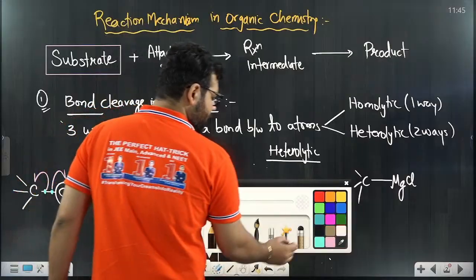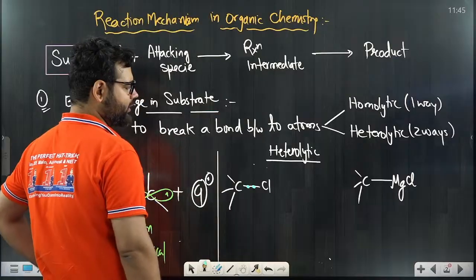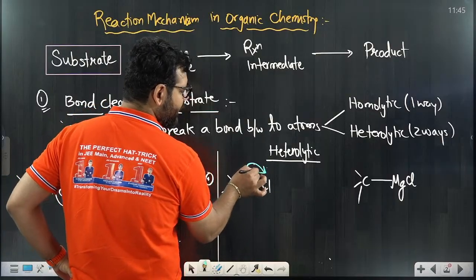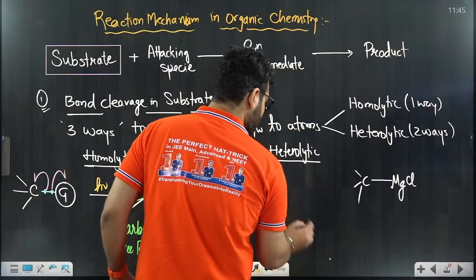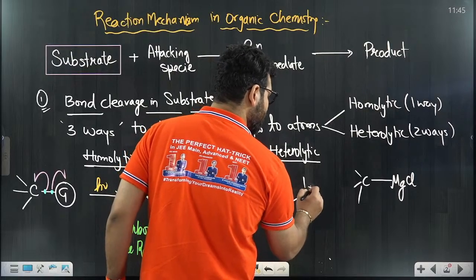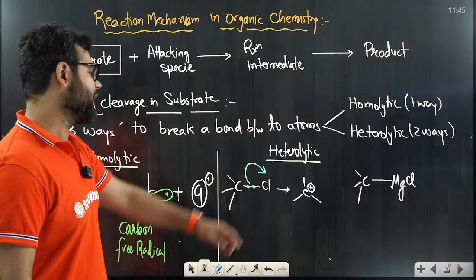Now what will happen? If homolytic cleavage was happening, the bond would be shared equally. Here, the more electronegative atom, chlorine, will take away both the electrons. So an intermediate will form where carbon has 3 sigma bonds and a positive charge. Carbon has lost its shared electron.